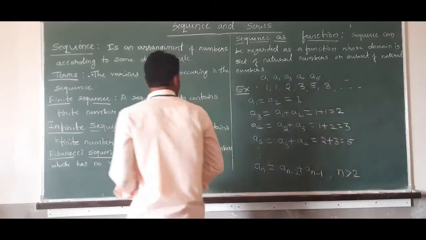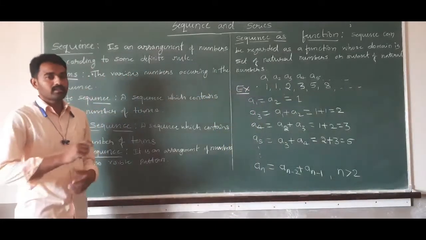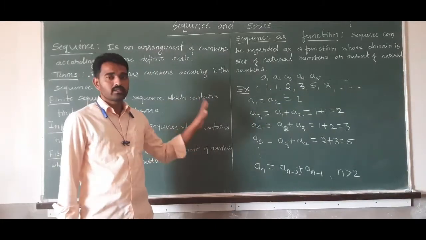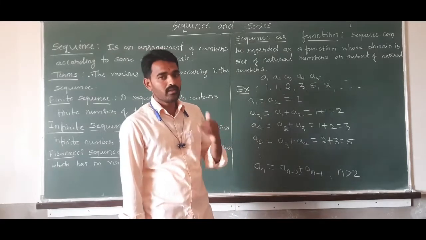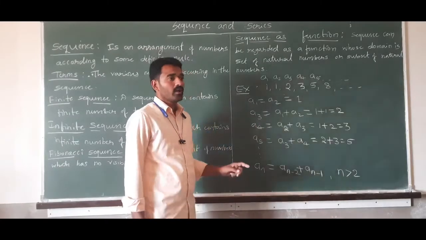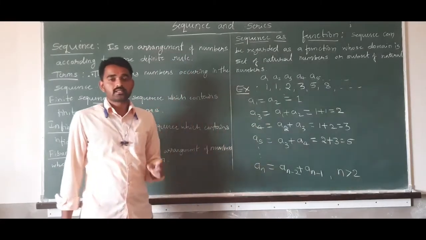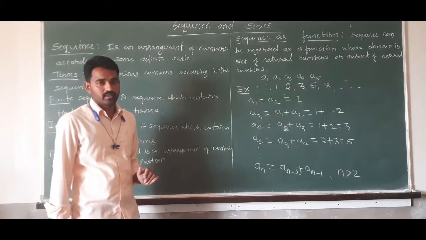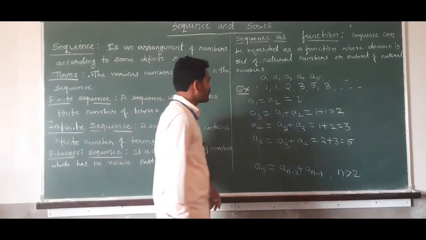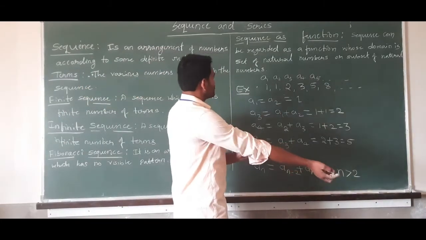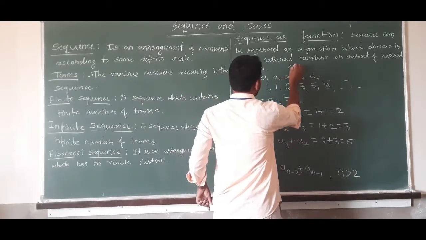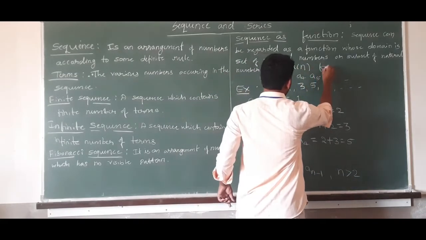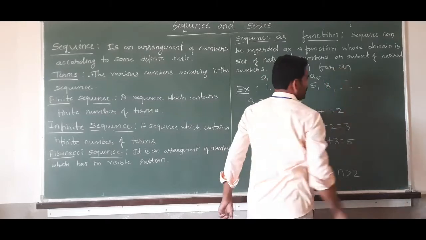So, next is a sequence as a function. A sequence is a function whose domain is the set of natural numbers or a subset of the natural numbers, and whose codomain is the set of all real numbers. The functional notation of the sequence is a of n for an.